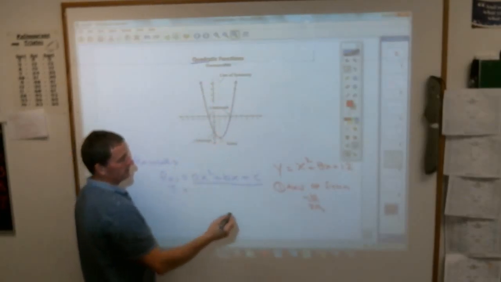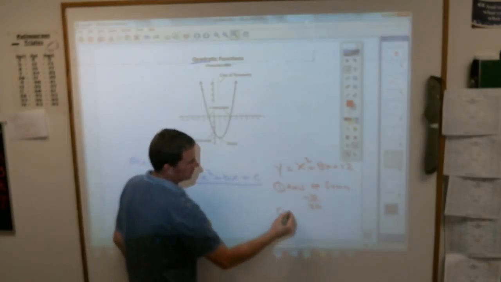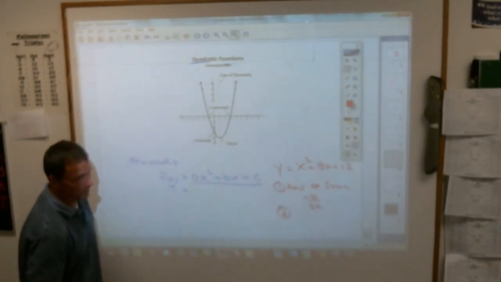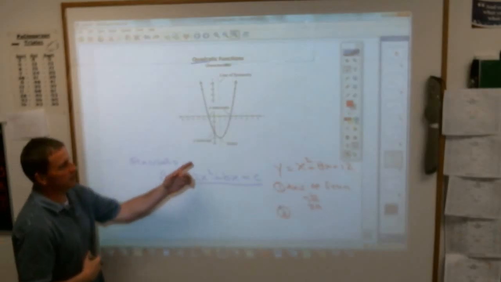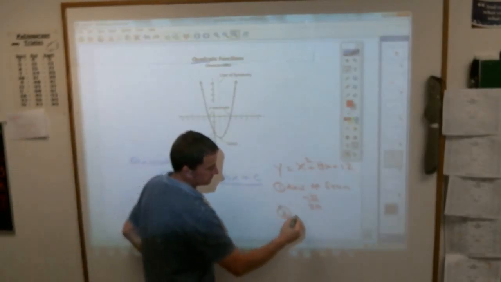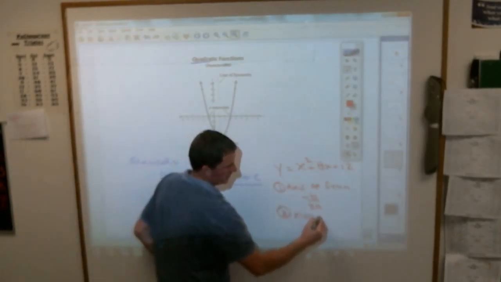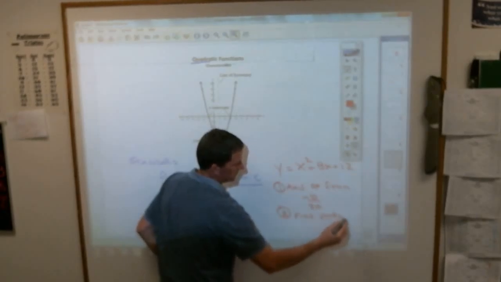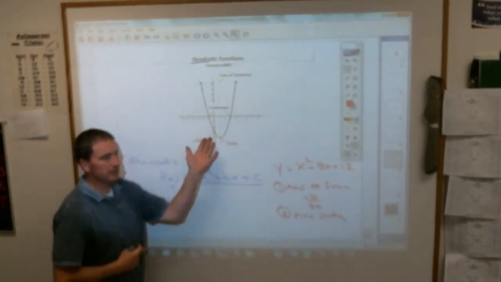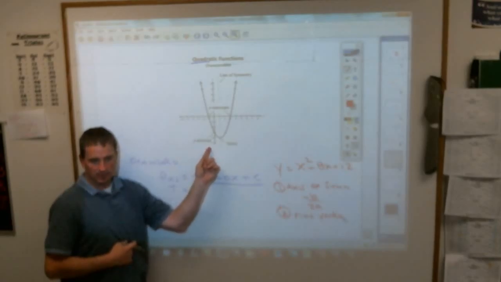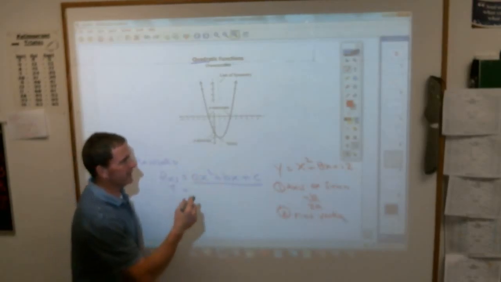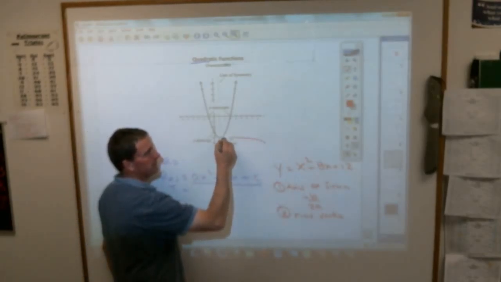And then the next part is you need to find this vertex. If the parabola is a U-shaped parabola, the vertex is called its minimum.